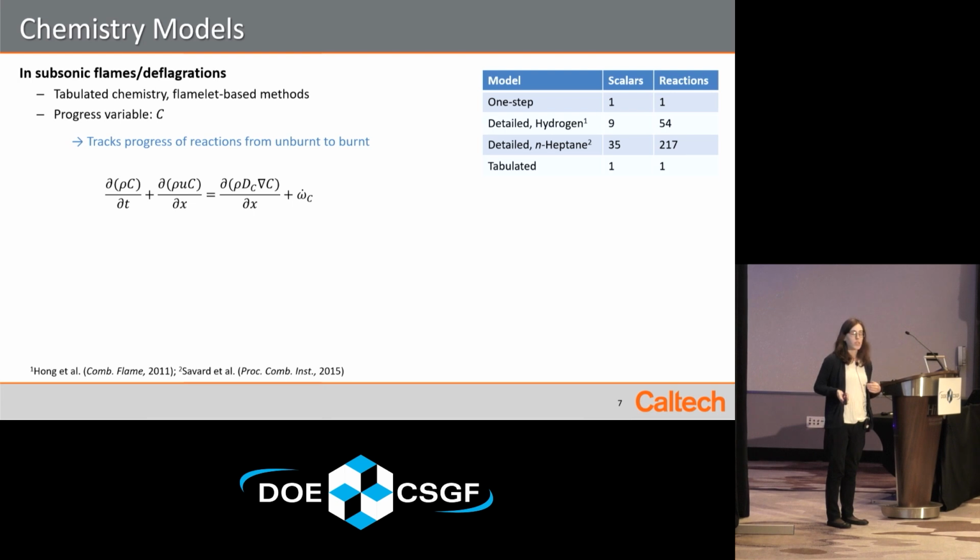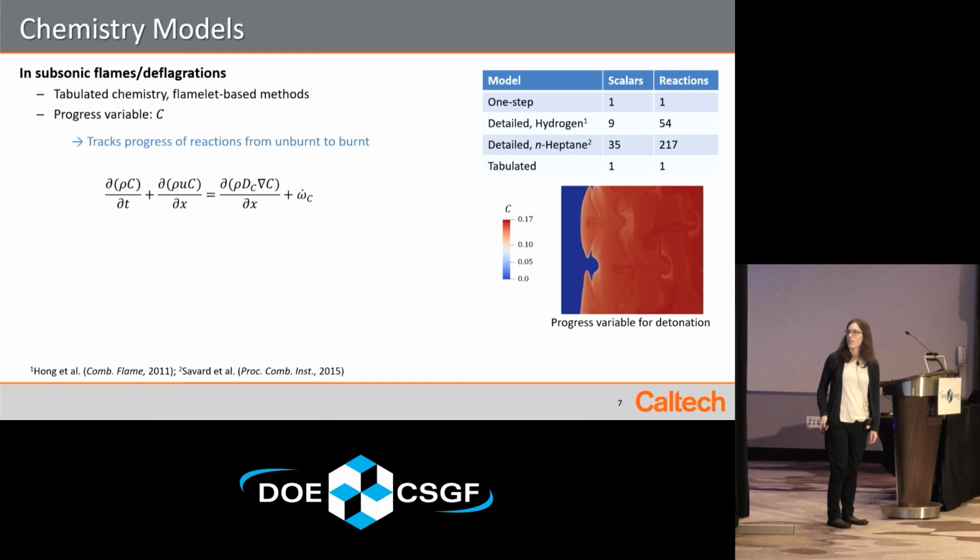And this progress variable is then used for a table lookup to get all of the other quantities you need from your simulation that normally you would be getting from your detailed chemistry. And so by doing this, we have more information than a simple one-step chemistry model, but it's still at that low cost because you only have one scalar that you need to transport in your simulation.